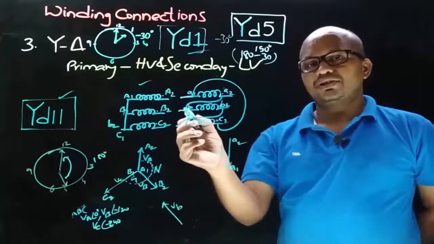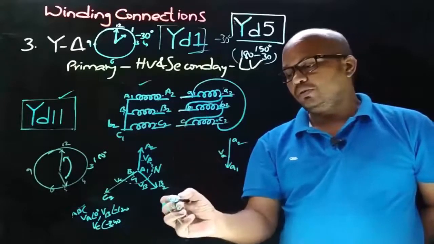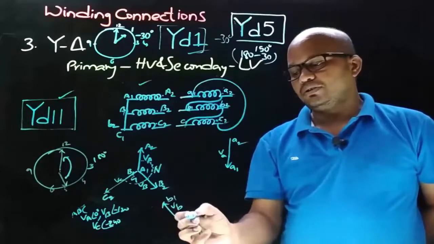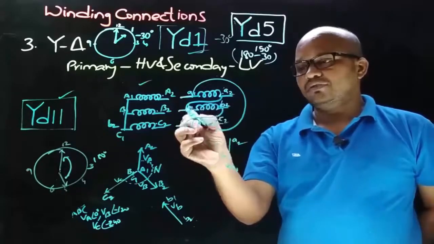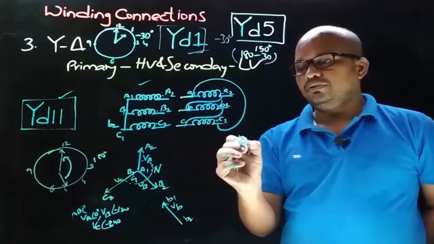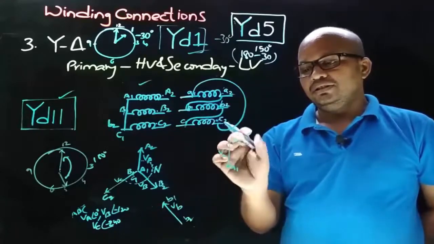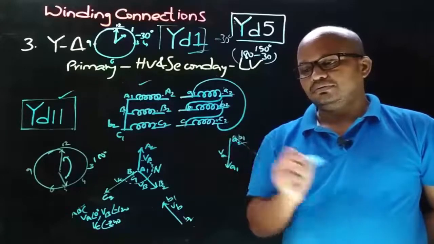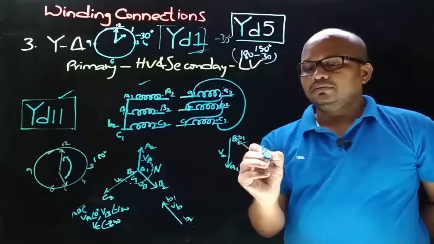Here the connections are taken from non-dot ends, that is B1. Therefore the arrow will point towards the connection we took from, that is B1. So this is B2. Now observe in the winding connection that A2 has a connection with B1. So place this phasor such that A2 will be having the B1 connection. So like this. Therefore, the other end will be B2.